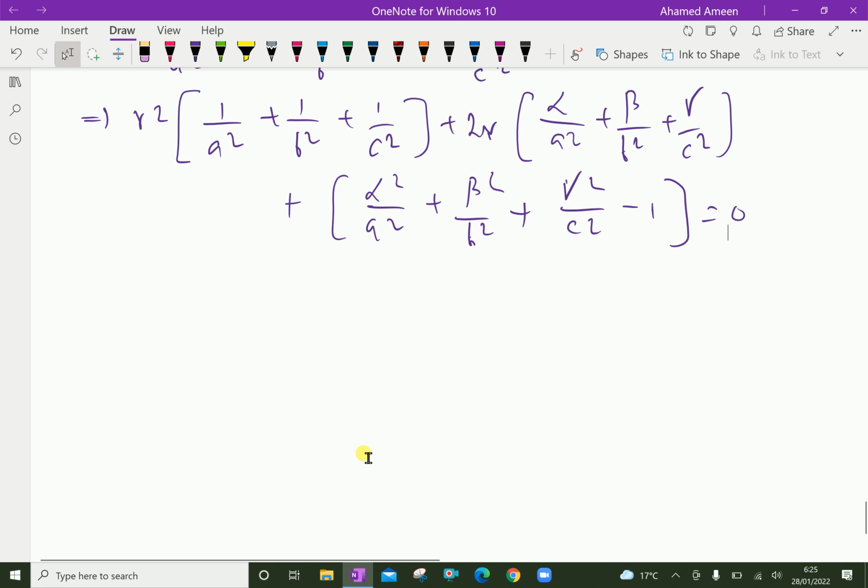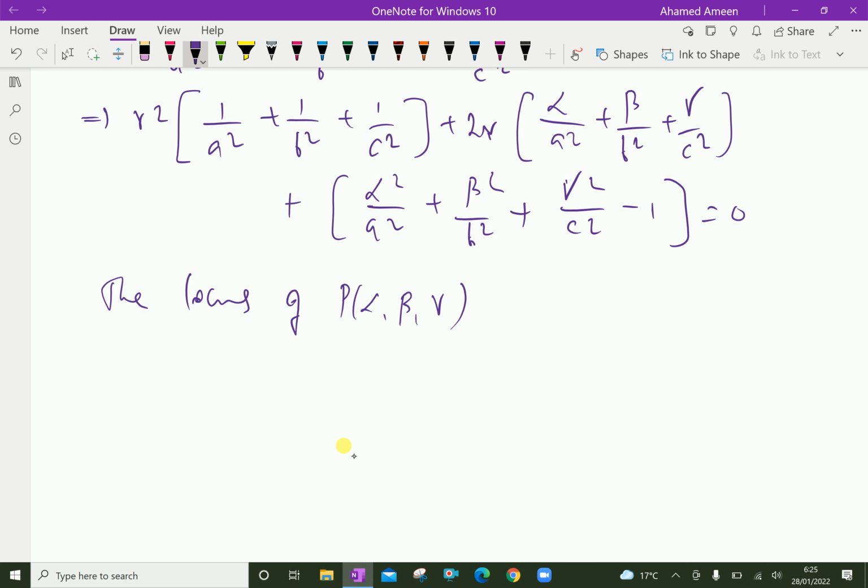Therefore, the locus of P of alpha, beta, gamma is the required equation of the enveloping cylinder.